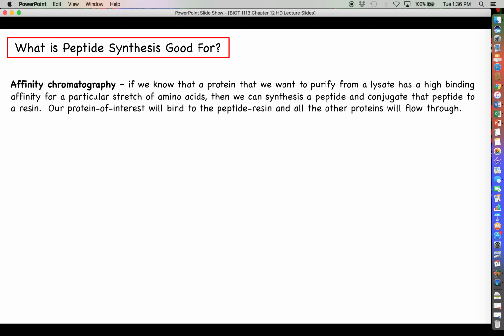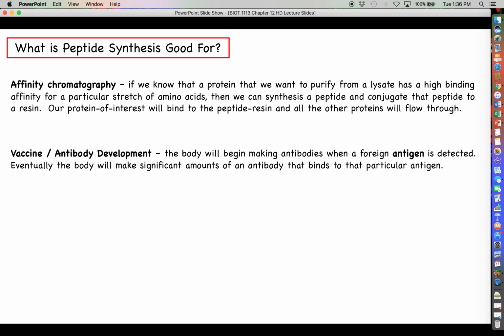So why don't we just synthesize a peptide that corresponds to what we find in that one protein and then conjugate or stick that peptide to a binding resin? If we then do that and we pass our crude protein extract through the column, then our protein of interest should bind to the peptide resin, and all the other proteins that we do not want should flow through. So that's a perfectly legitimate thing for us to do.